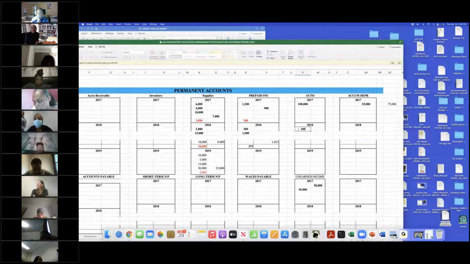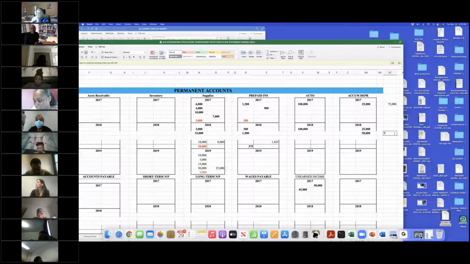But we put another 25,000 in the accumulated account. We had 25 in 2017, 25 in 2018. So the total accumulated now is 50,000, and the car now is only worth 50,000.